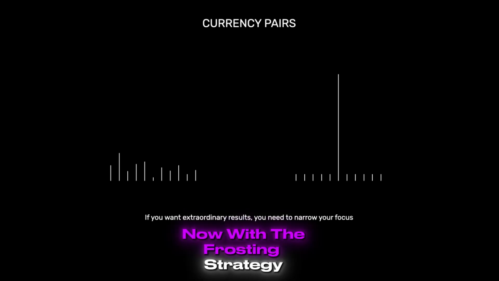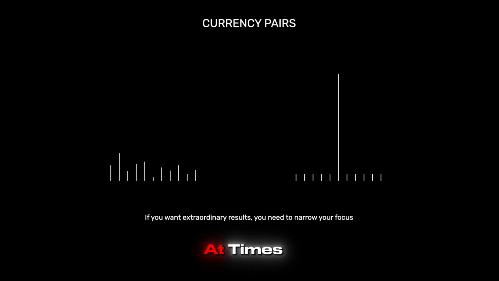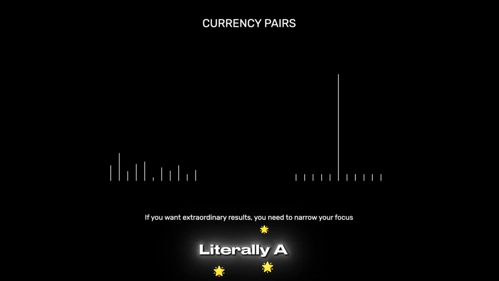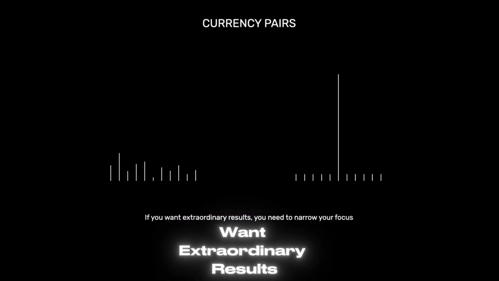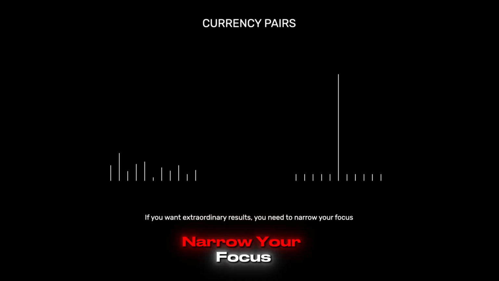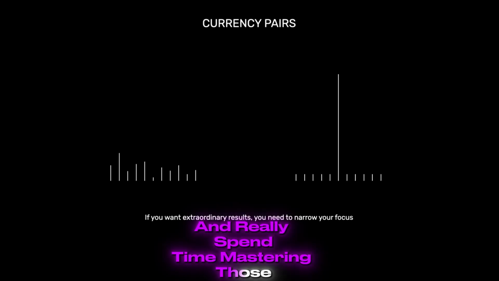Now with the Frosten strategy, you will find that there is literally an overwhelming abundance of opportunity on a daily basis, on even just one currency pair alone. So if you want extraordinary results, it is highly advised that you narrow your focus onto just one, or even a few pairs, and really spend time mastering those.